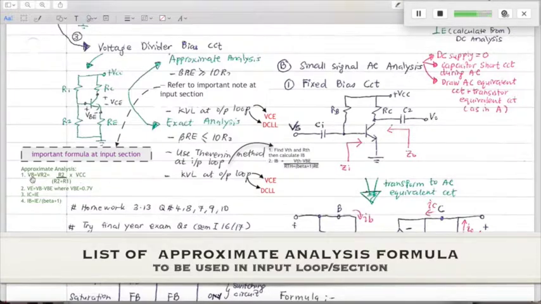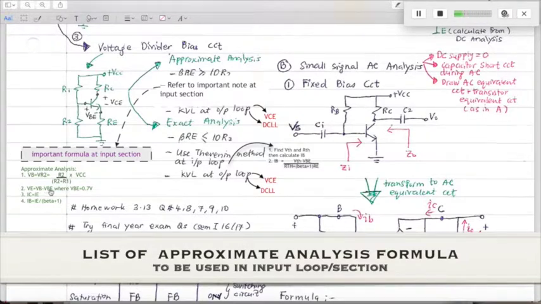And once you get VB, you can calculate VE. VE is VB minus VBE. Although in approximate analysis we assume that VBE is equal to 0 volts, during calculation you cannot put 0 volts here.